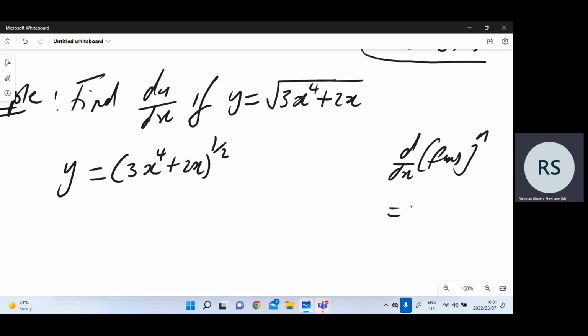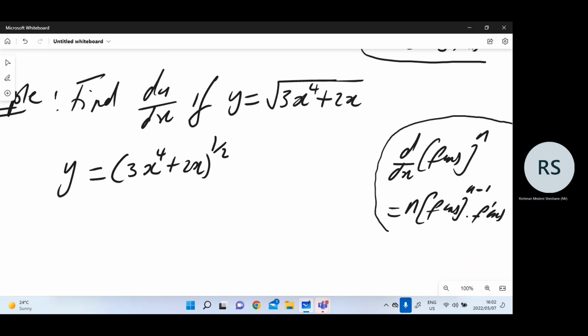It should be n function to the power of n minus 1, and then multiplied by f prime of x. So this is the first standard derivative, if you can check from the formula sheet. So when you're deriving a function to the power of n, this is going to be n function to the n minus 1 multiplied by the derivative of the inner function.